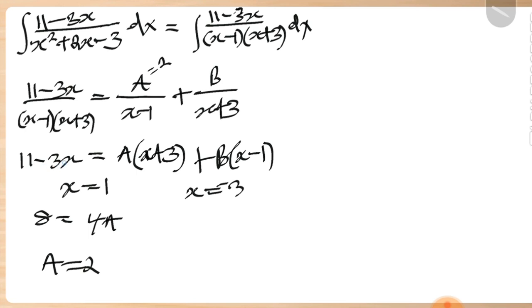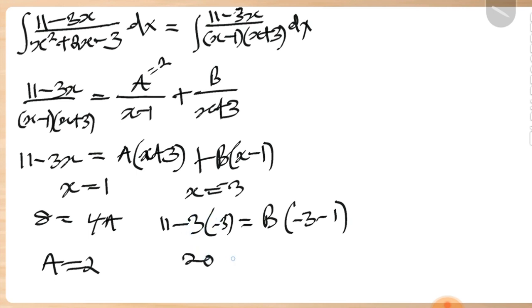Now minus 3 times minus 3 is plus 9, so we have 11 plus 9, which is 20, equal to, of course this cancels out, so we have B times (minus 3 minus 1), which is minus 4B. That means B is equal to minus 5. Alright.